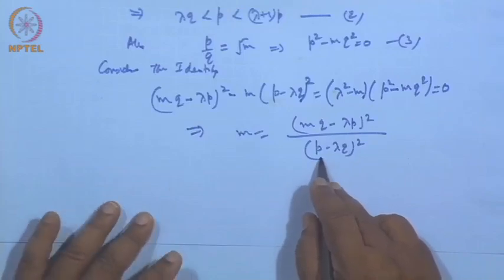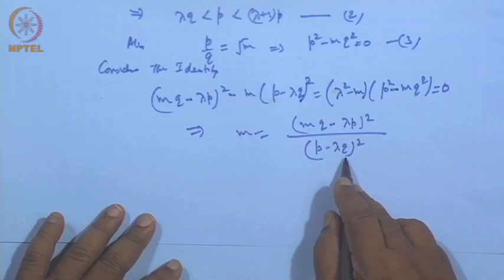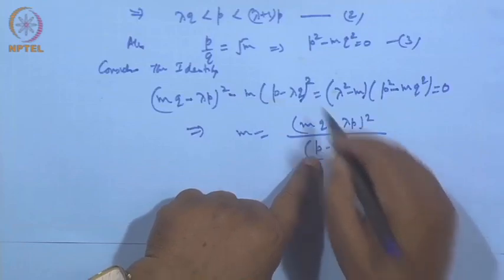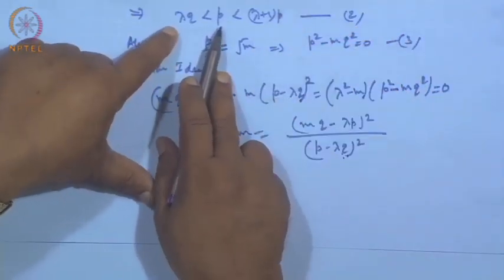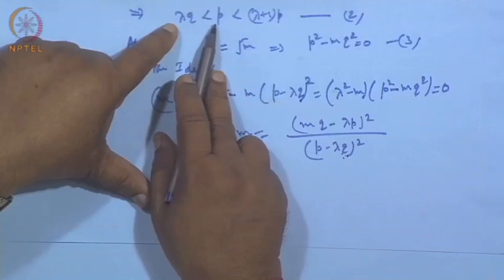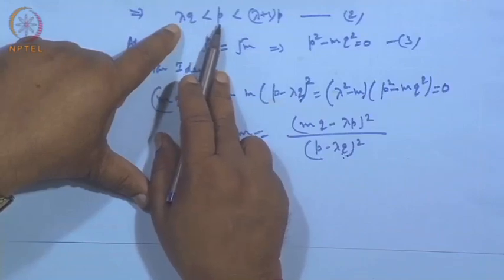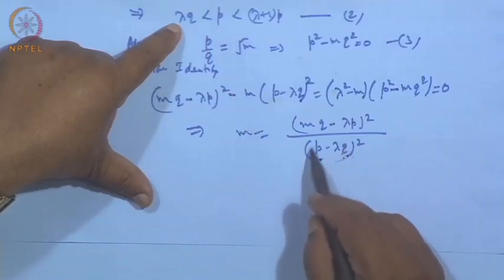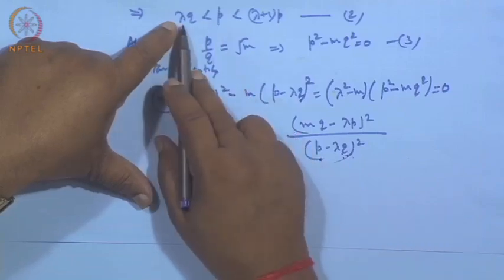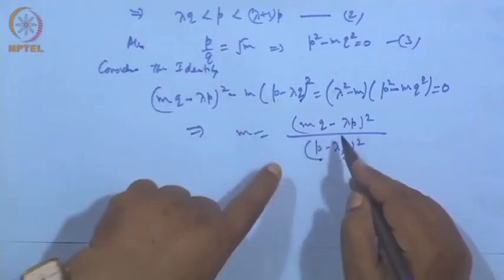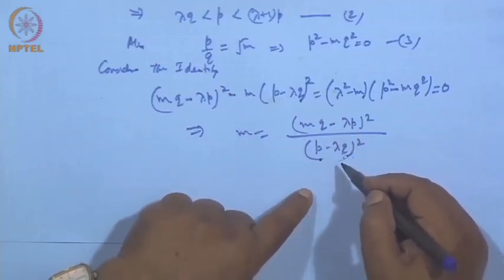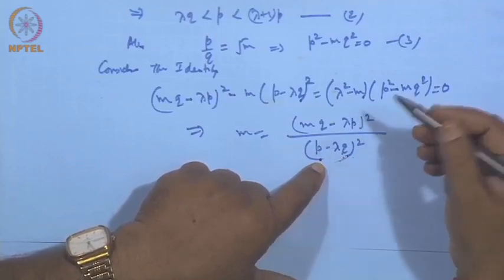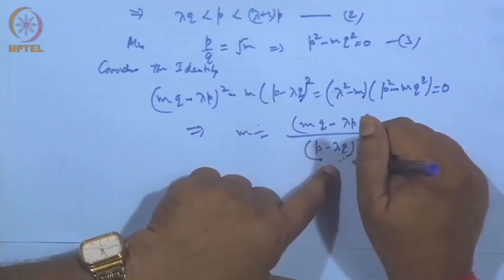Since p minus lambda q is positive, this whole thing is less than p, because p minus lambda q is less than p. So we are getting m in another rational form where the denominator changes to a lower form, but p by q was in the lowest form. So it is a contradiction. Okay.